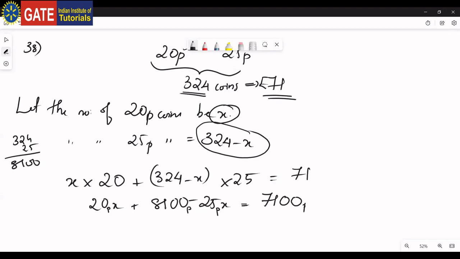It becomes what? 20x minus 25x equals 7100 minus 8100. Okay, so you can solve for x from this, right? Please solve for x.